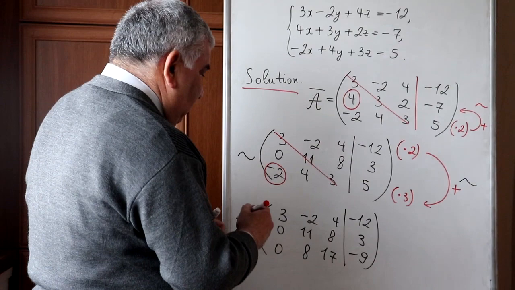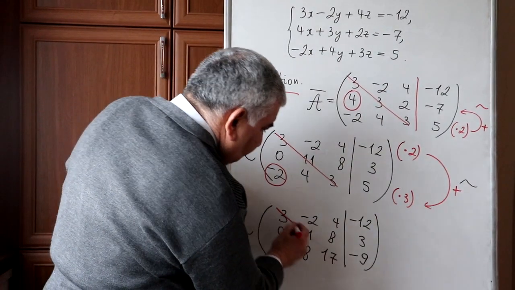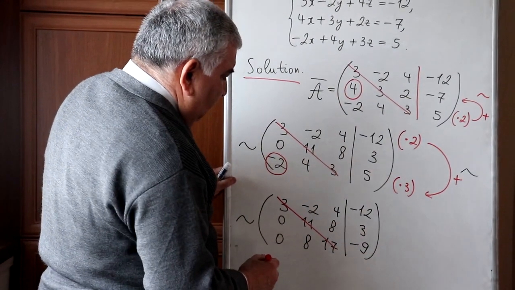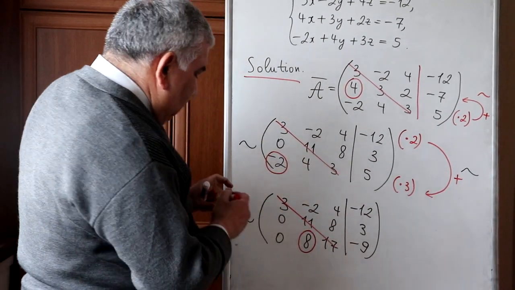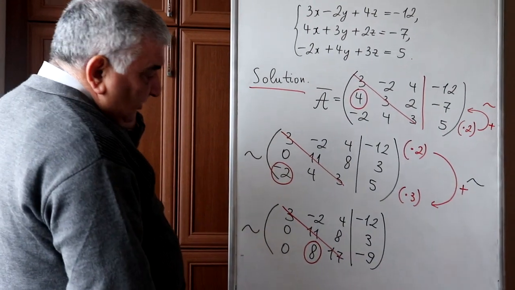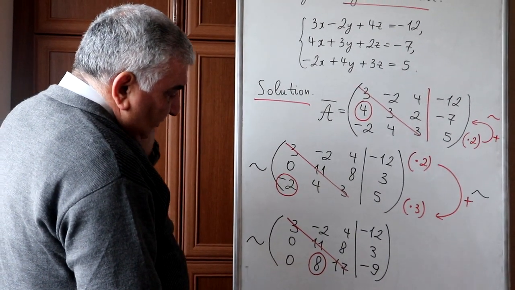Then again mark the main diagonal and transform the last element 8 into 0. Here we can use only the second row.